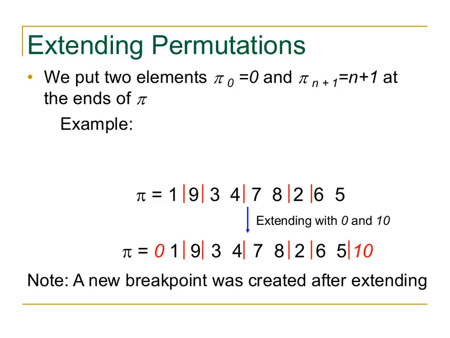When we prepend 0 and append 10, the sequence becomes 0, 1, 9, 3, 4, 7, 8, 2, 6, 5, 10. Notice how this extension introduces a new breakpoint between 5 and 10. By standardizing every permutation with these fixed endpoints, our subsequent breakpoint analyses stay consistent and much easier to handle.